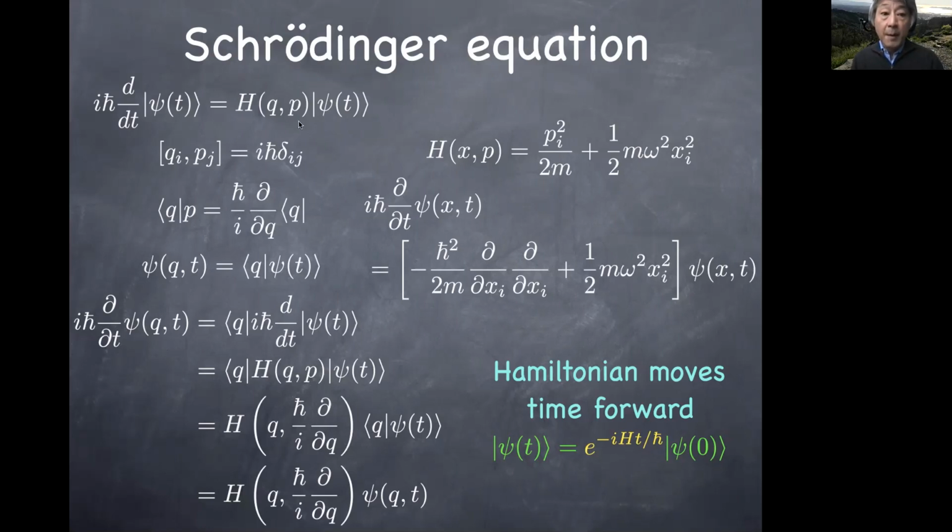Because using these operators and using this coordinate representation is in one-to-one correspondence, it is totally equivalent. You can switch from one to the other and go back and forth. So solving the Schrödinger equation as a differential equation in x and t, and trying to understand the eigenvalue problem of the Hamiltonian using operators, is exactly the same thing.